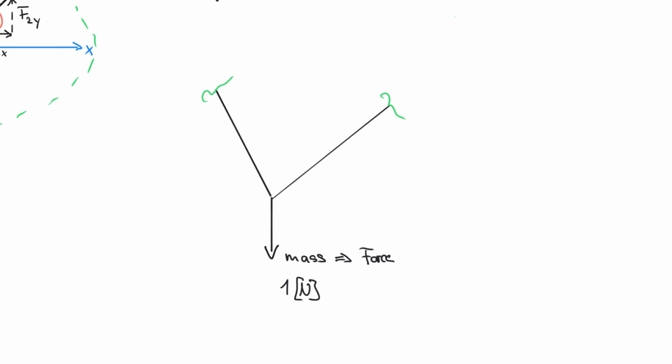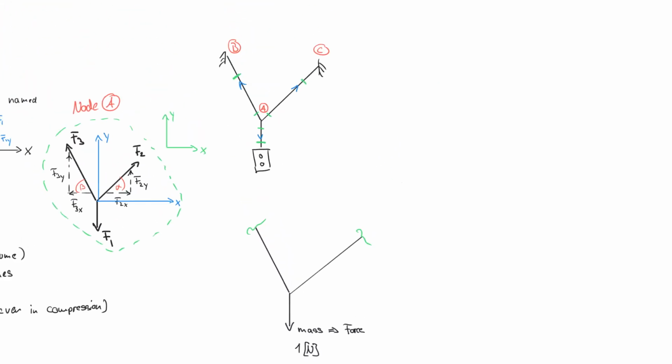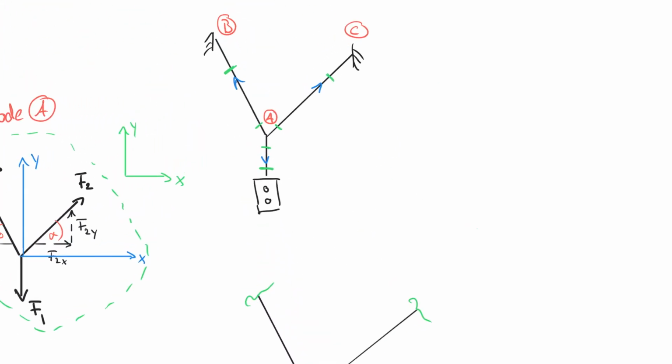And what would happen in real life, you can really visualize this by thinking of these two strings or two cables, and there's 1 Newton hanging on it, and then you take a pair of scissors and you cut them. What happens? The whole thing falls down because there's 1 Newton acting on it. But for it to not fall down in real life, the engineer has to provide as much force in this cable and as much force in that cable as it was originally provided before it was cut.